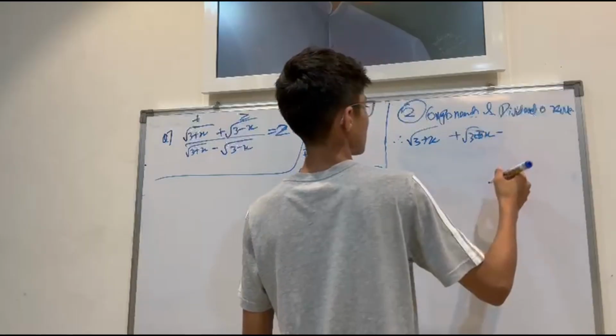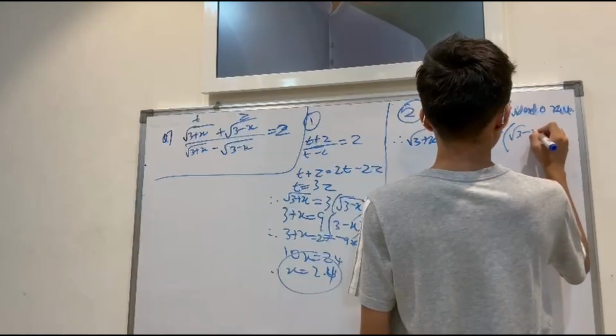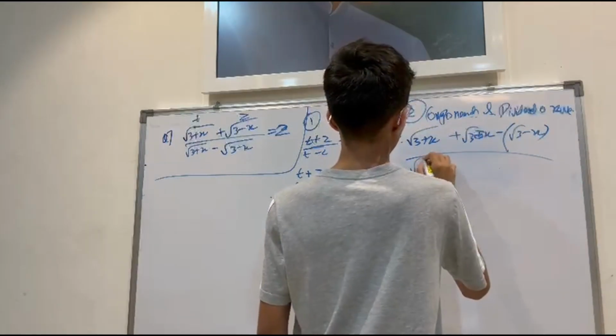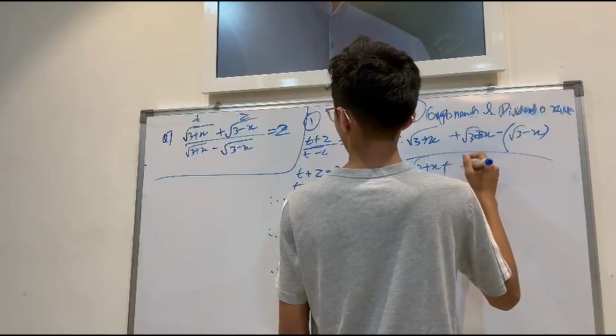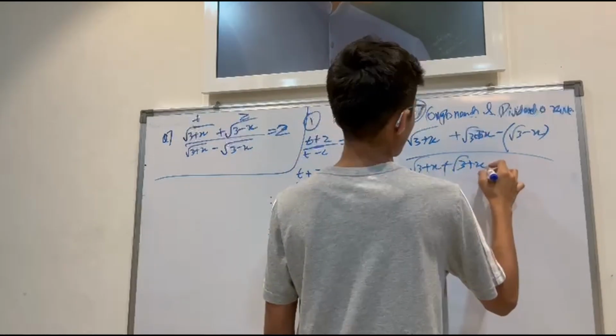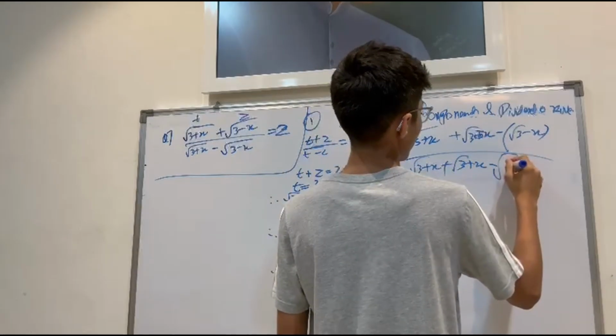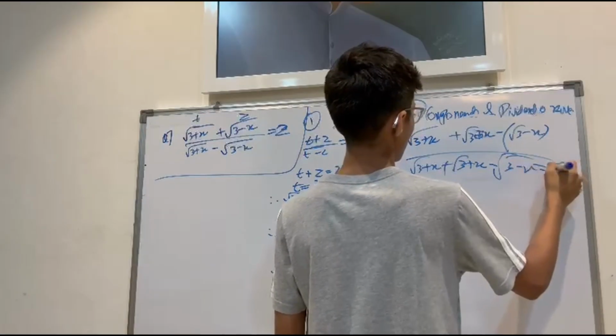Root 3 plus x plus root 3 minus x over root 3 plus x minus root 3 minus x, applying the rule.